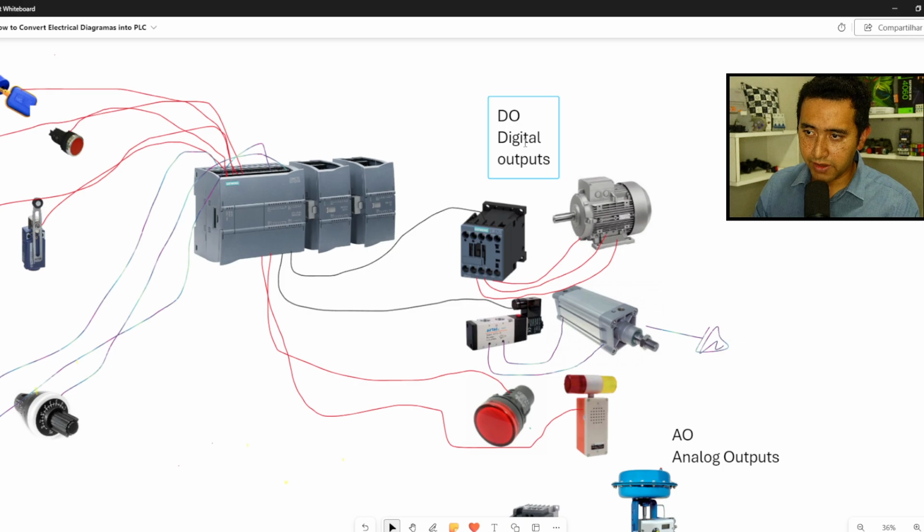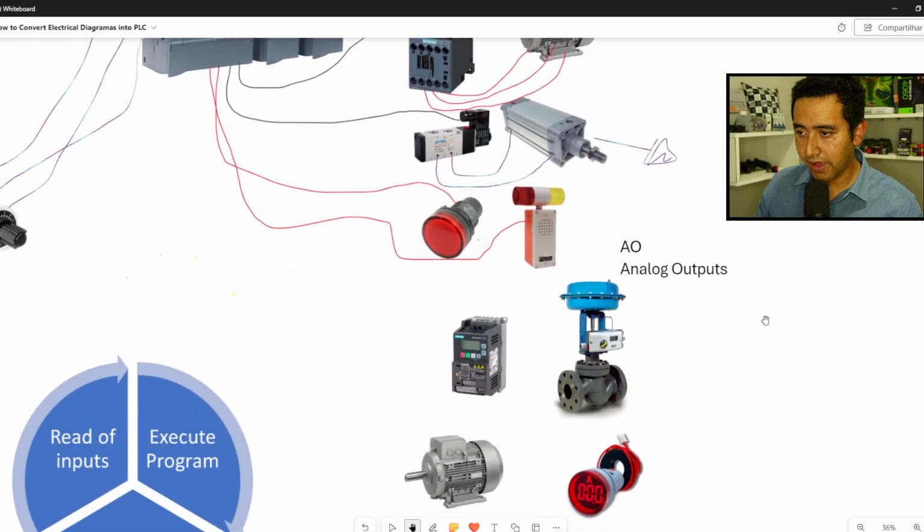Then after digital outputs, we have the analog outputs. With analog outputs, in the same way that we saw in the analog inputs, we can control some things like a control valve. In my control valve, for example, I need to get a set point for a controller like the PID controller.